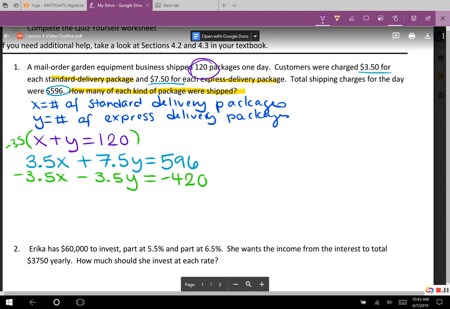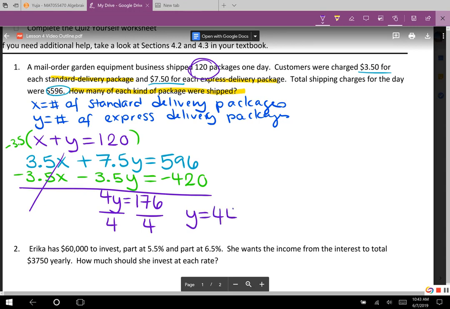And then if I add these together, the x's go away, and I'm left with 4y equals 176. I can solve this by dividing by 4, so it looks like y equals 44. So Y was express packages, so we've got 44 express packages.